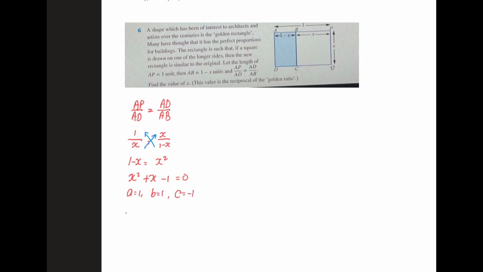So I use this formula, x equals minus b plus minus square root of b squared minus 4ac over 2a, and substitute accordingly: minus 1 plus minus square root of 1 squared minus 4 times 1 times minus 1, over 2 times 1.